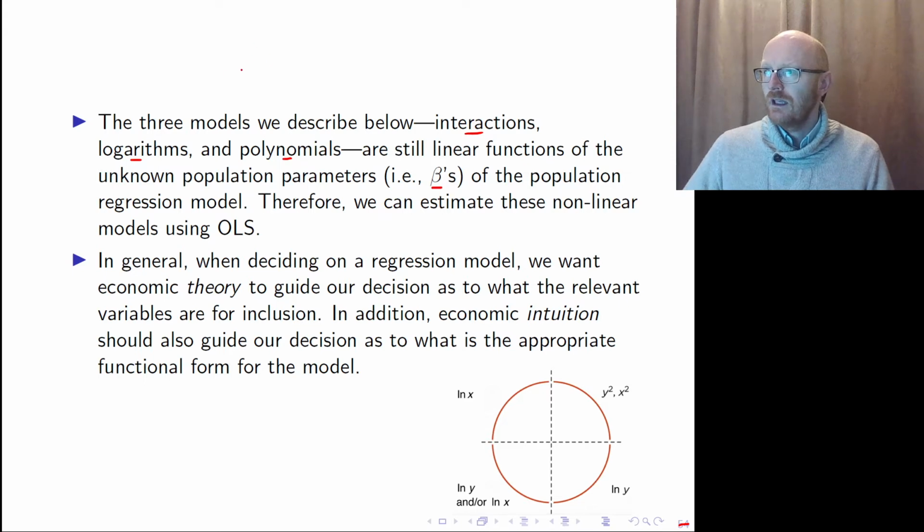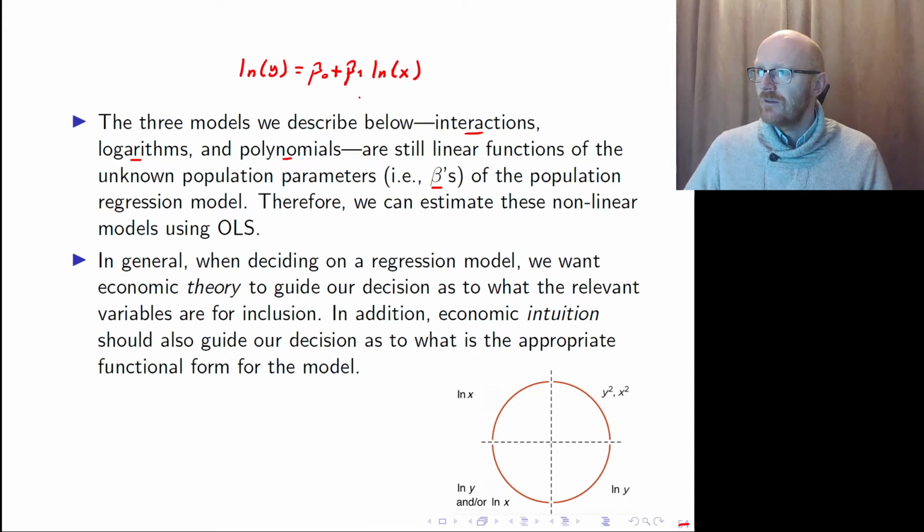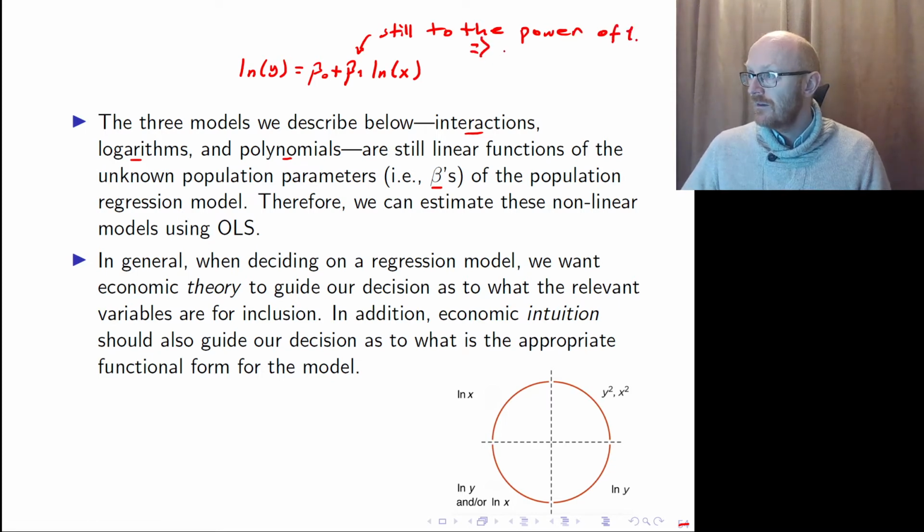Okay, so even if we have a function, for example, logarithmic transformation of y equals an intercept plus the slope times a transformation of the x variable, then these are still to the power of 1, which means they are linear.